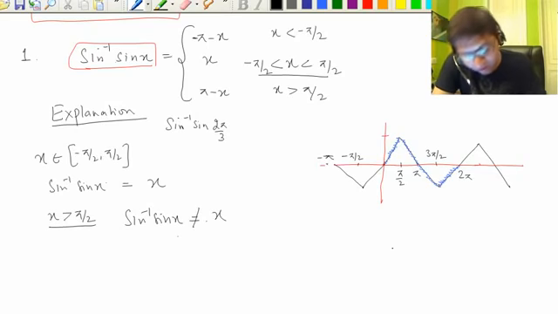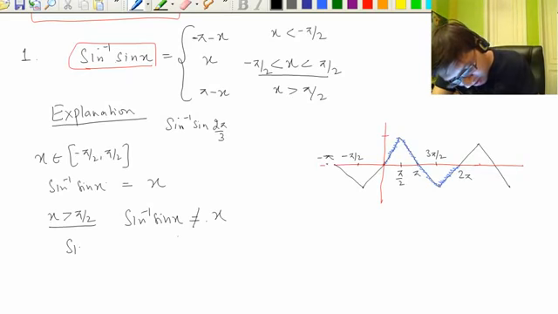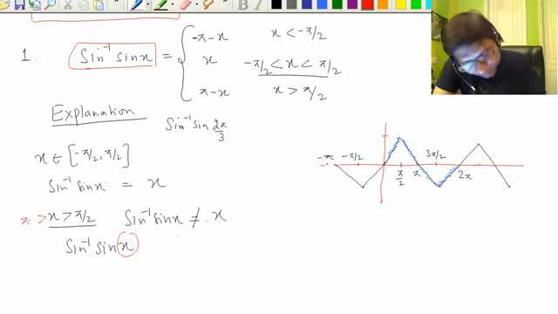Then what do we do? Something like this, which you need to understand. If the angle inside is not in the principal value branch and you want to cancel sine inverse with sine, we bring this x into the principal value branch. It's not in the principal value branch now. It is x greater than pi by 2, and let's take the upper limit also, pi.